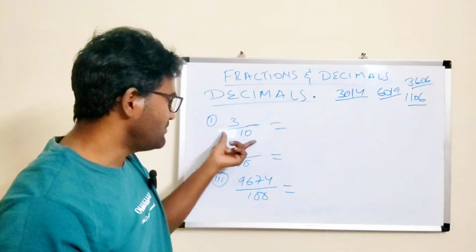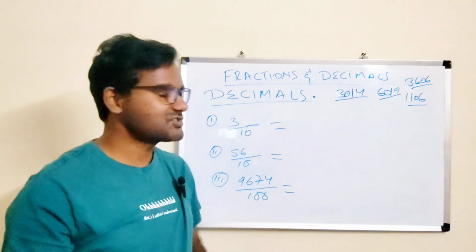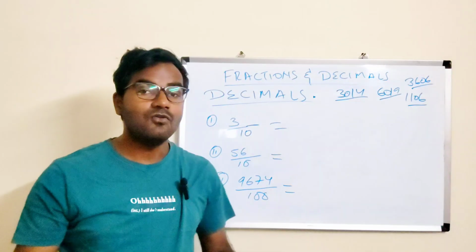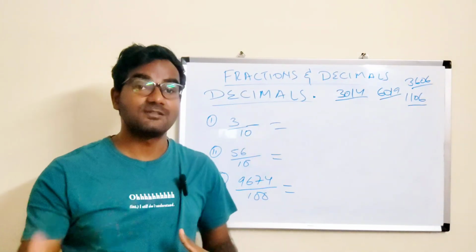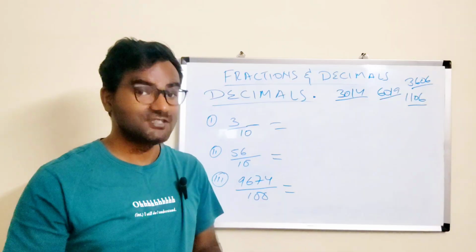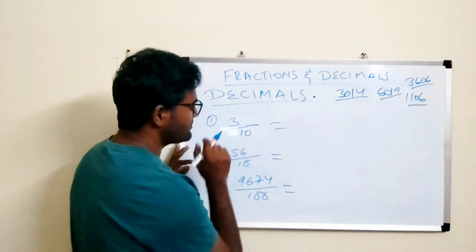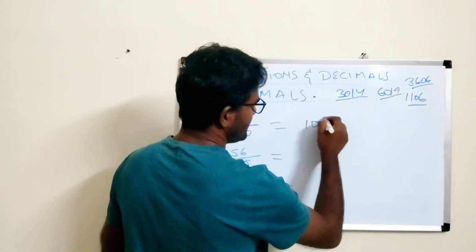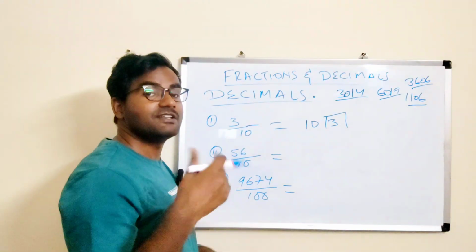Now the numbers you see here, these are fractions, right? Just now we have learned about fractions. So if a question comes to convert these fractions into decimals, what will you do? You just have to divide. But how will you divide? 3 divided by 10. So 10 divides 3. Can we divide 3 by 10?